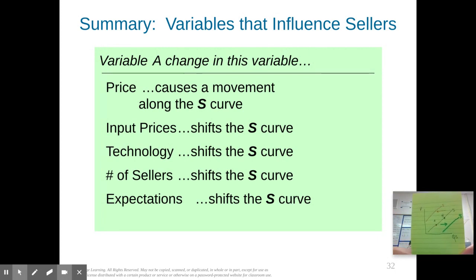That's when something changes in the market of lattes that has nothing to do with the actual price of lattes. We can't measure technology over here. We're not measuring input costs. We're not measuring expectations or size of market over here. So since we're not measuring that, it's not a movement along the line that we can use as data to measure that. So it'll be an entire shift, whether it's a shift to the left, which is a decrease, or a shift to the right, which is an increase.